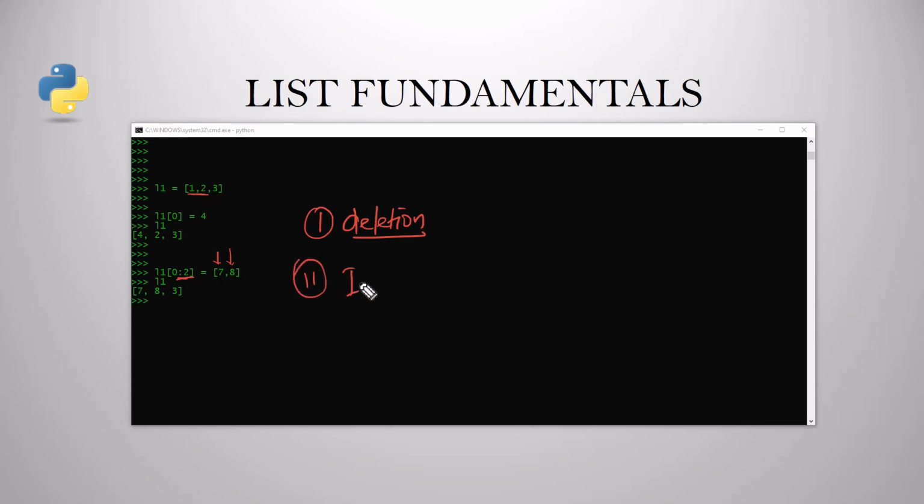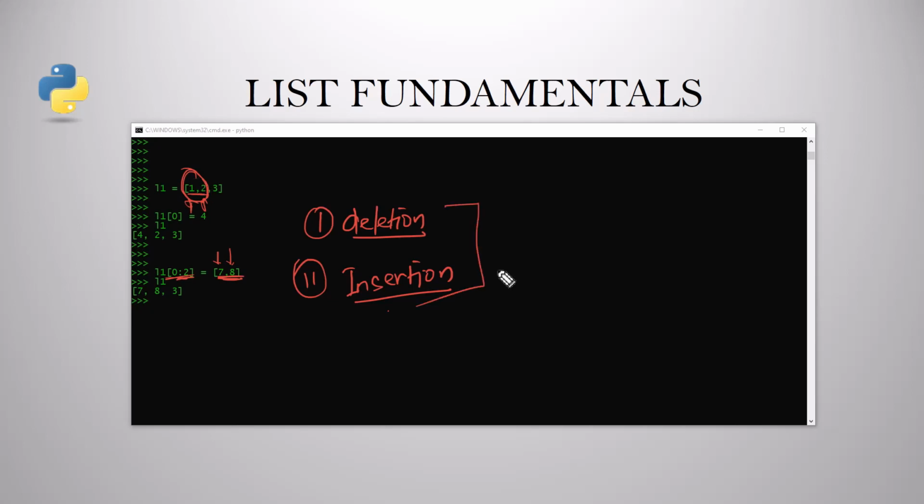Second, insertion: the new items contained in the iterable object to the right of the equal sign are inserted into the list, at the place where the old slice was deleted. So in the first step it deletes these two items, and in the second step it inserts two items at the place from where we deleted.